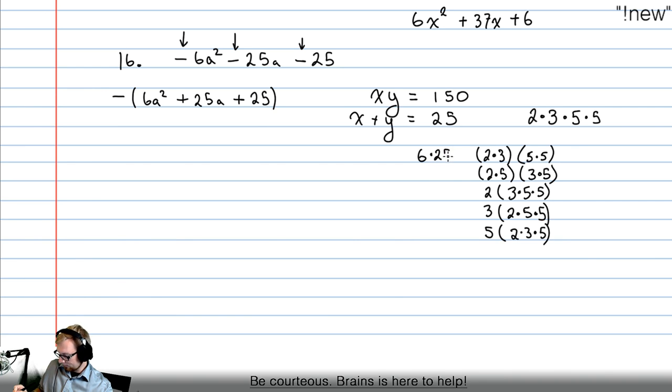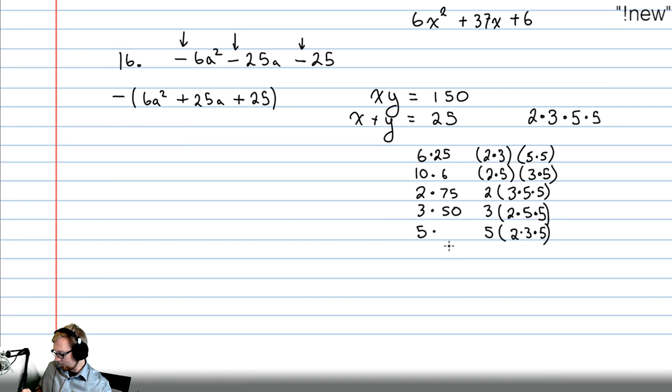Good. For the next one, I got 10 times 6. Okay. And then for the one after that, I got 2 times 75. The one after that, I got 3 times 50. And for the one after that, I got 5 times 30.